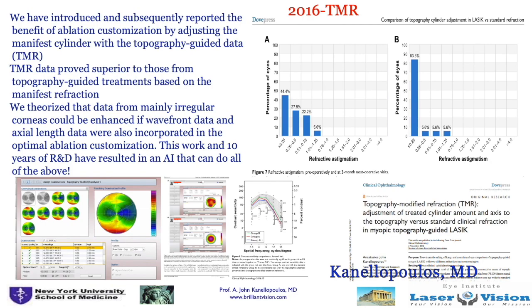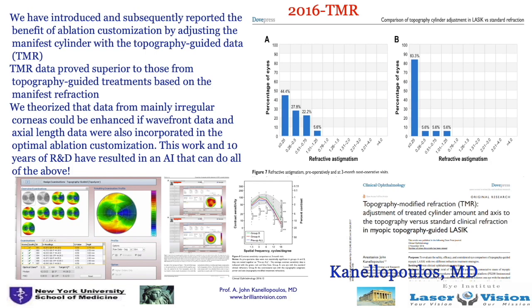Just to backtrack here a little bit, we have introduced and reported subsequently how important in our clinical experience was adjusting the manifest cylinder in topography-guided treatments with also Alcon's topo-guided contour platform. We showed and published in 2016 that TMR data proved superior to those from topography-guided treatments where the treatment was based on the manifest refraction from each patient.